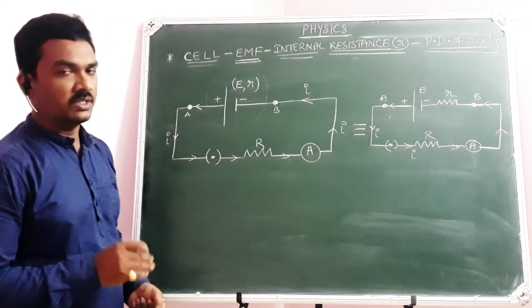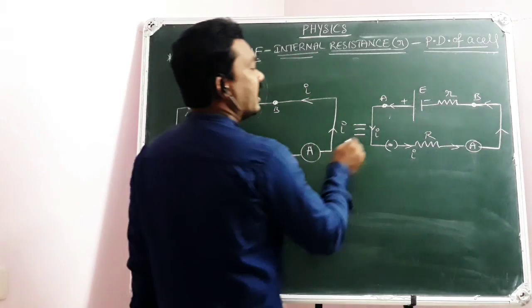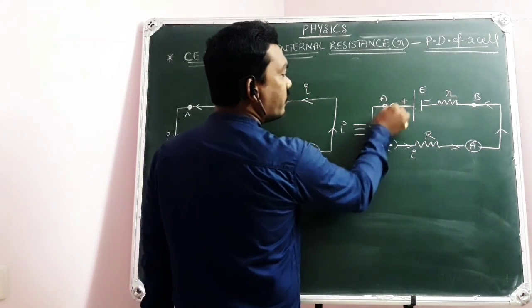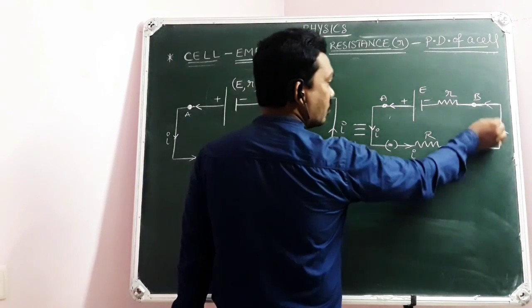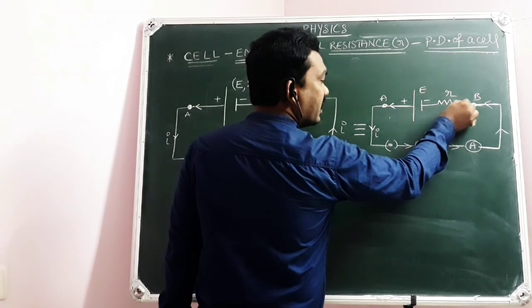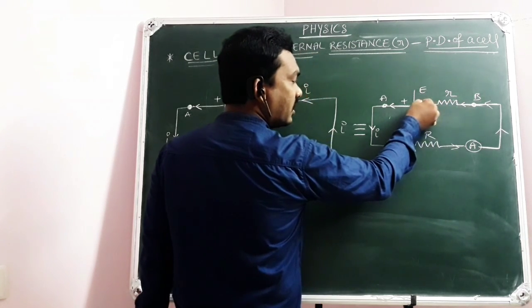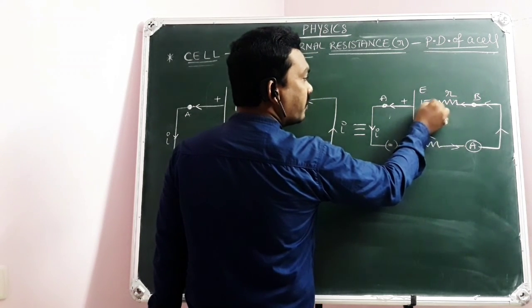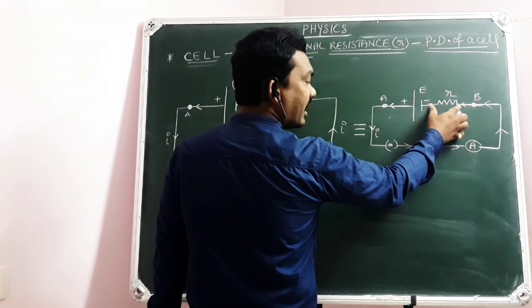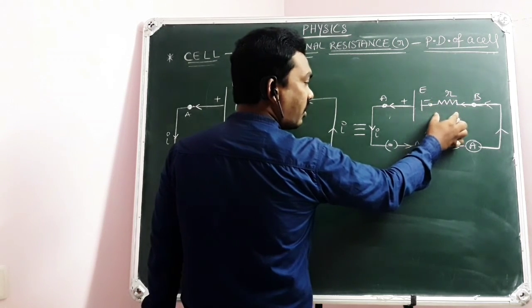So now I wish to write the equation. Yes, very simple. As current I is drawn from the cell in the electric circuit, the same current I is passing through this cell, so the potential drop will be Ir here. Ir potential will drop.